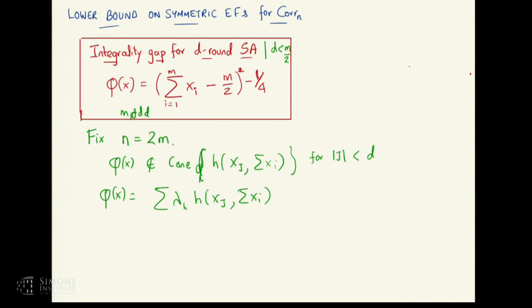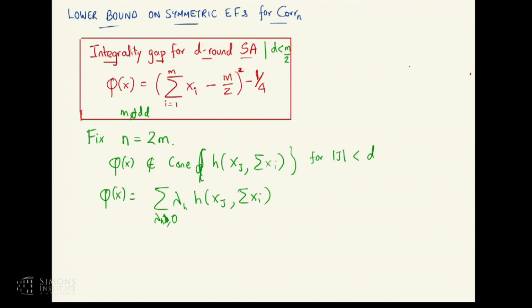I'm assuming for contradiction phi is in the cone generated by functions of this type. So phi can be written as a non-negative combination of functions of this type. So lambda sub h are non-negative numbers. All right.